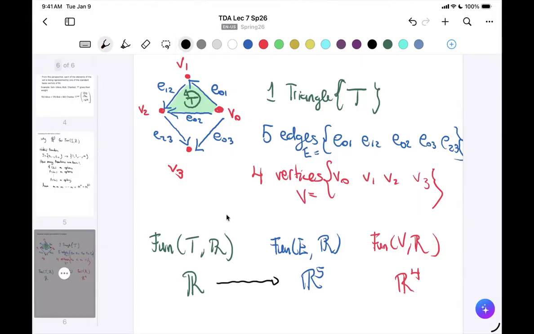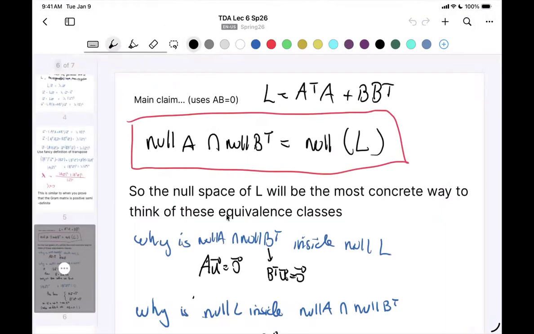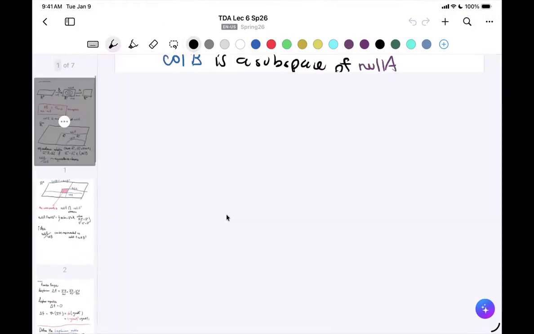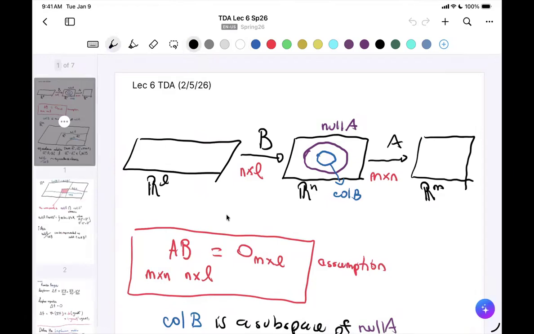I'm calling this one B. And this one is going to be A. Just to show you that it really does correspond to what we were having before: we had three vector spaces of different dimension in principle, and two matrices between those vector spaces, right? So that's what I'm trying to go for at the moment with this. Okay.